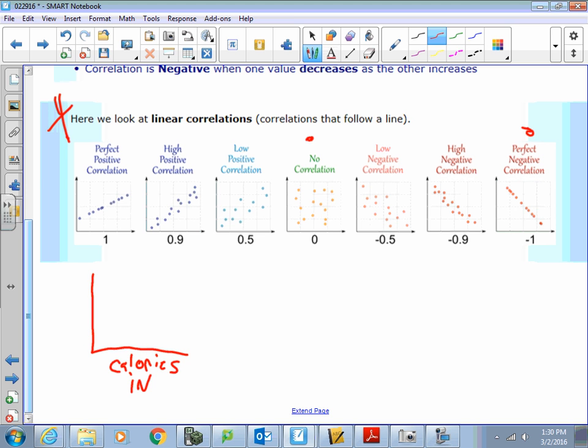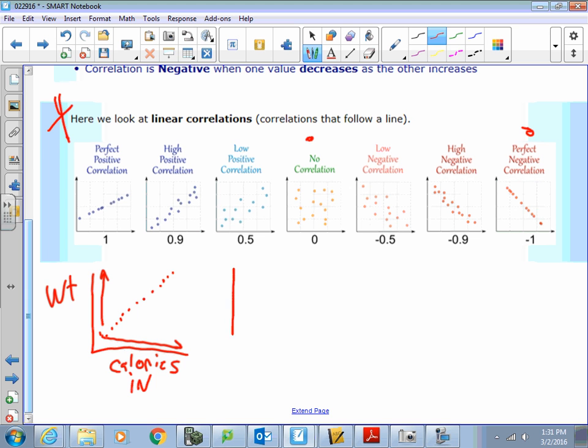So in other words, food you eat and weight. That is going to result in positive correlation. Now, for some people it might be a little bit different, but in general, as the calories in go up, the weight is also going to go up. So that would be positive correlation.